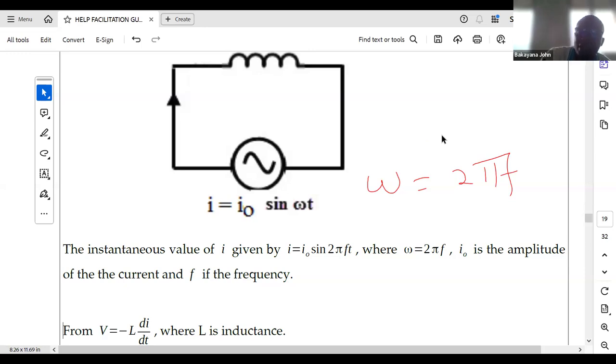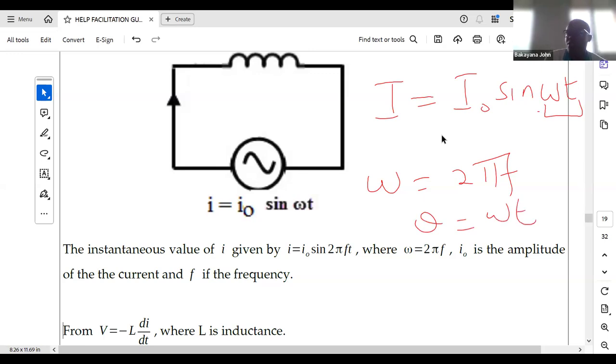Ideally the formula would be I naught, the maximum current, sine omega t, where omega t we know is the angular displacement. That takes us to the formula of sine theta against theta.